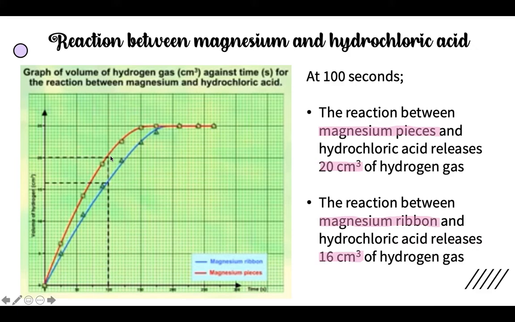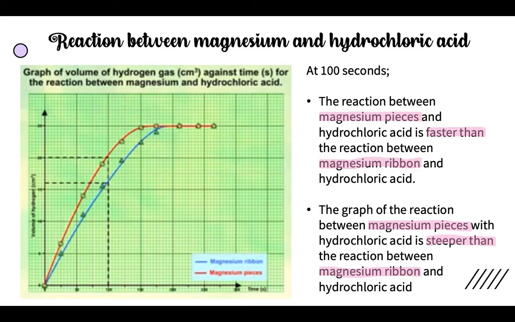While for the reaction between magnesium ribbon yang blue line ini, pada 100 seconds ini, dia just produce 16 cm3 of hydrogen gas. Okay, so kita kata 20 cm3 ni pada masa 100 second. Jadi dia lagi faster reaction lah compared to the reaction between magnesium ribbon and hydrochloric acid.